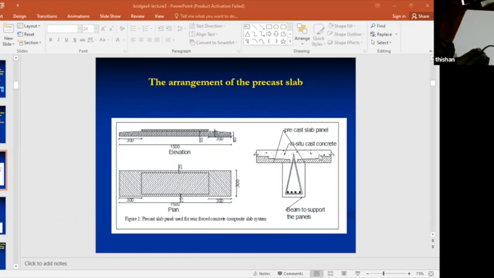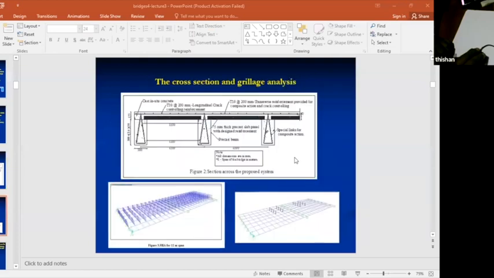It locks in very well. This is in situ cast concrete. This is precast concrete. So basically the idea is that the precast concrete will adhere very well or lock into the in situ cast concrete, and the shape of the bridge is like this.